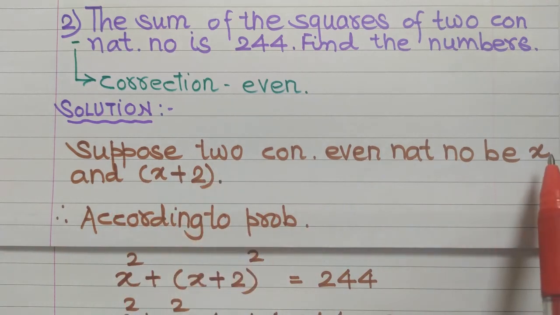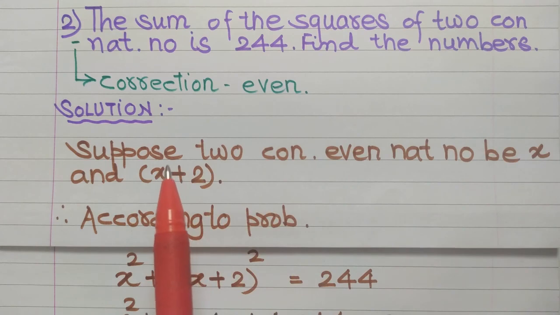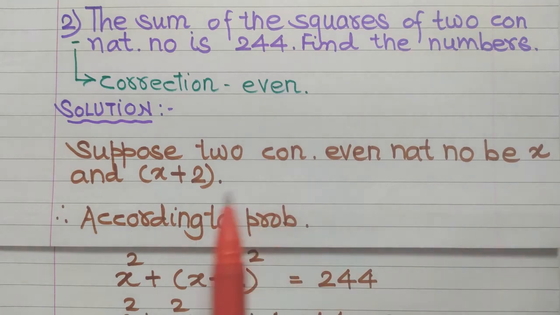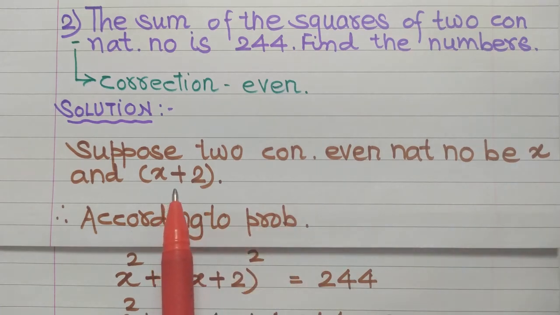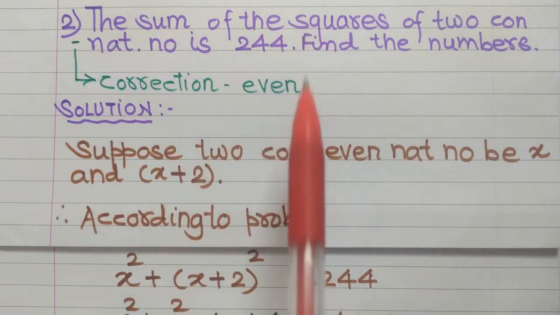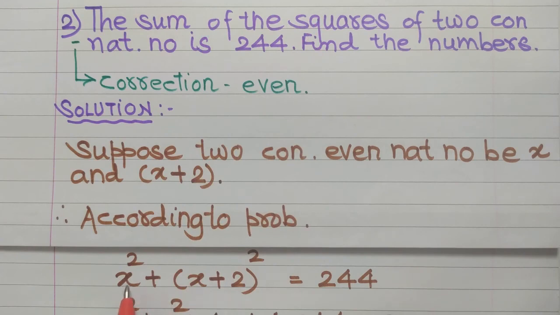So if the first number is x, then the second will be greater than x by 2. So it will be x plus 2. Therefore first number x and second number x plus 2. But according to the problem, what does the problem say? The sum of the squares. You have to take the squares and their sum. So sum of the squares.